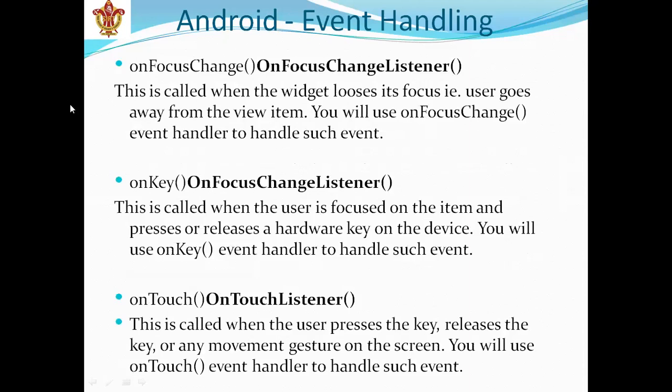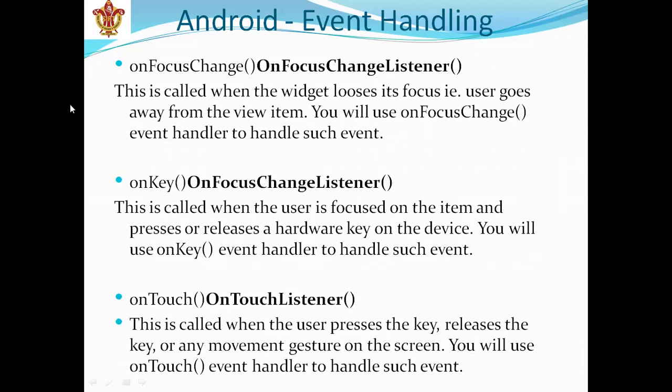In the next slide, we will see the on focus change listener. What is this? This is called when the widget loses its focus, when the user goes away from the view item. You will use the on focus change event handler to handle such an event. Next is the on key listener.